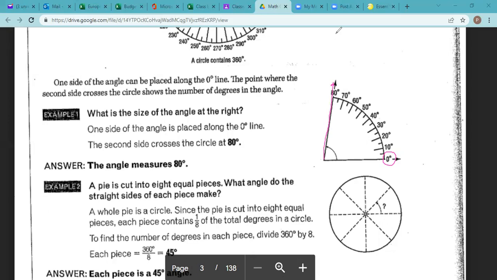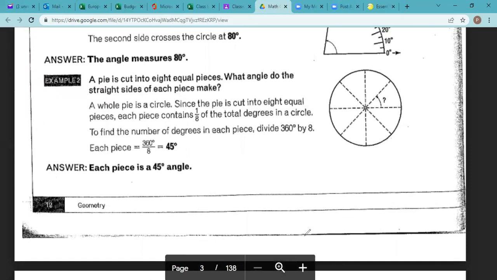All right, example number 2 though. You have a pie and it's cut into 8 pieces. What angle do the straight sides of each piece make? All right, so remember that when we had the whole circle and we divided it into 2 pieces, we took 2 and divided it into 360.